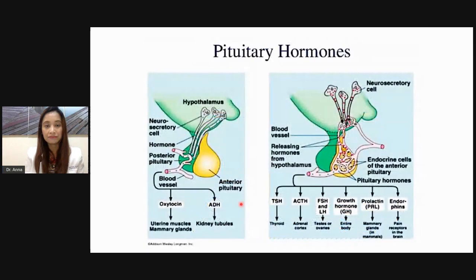your brain. So if we divide the two, let's go first to your anterior pituitary.